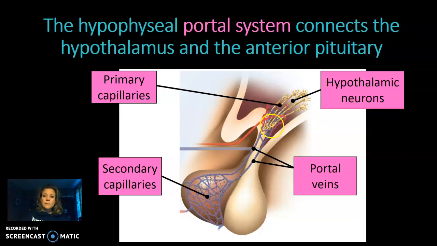These capillaries narrow to form portal veins, and they expand to form a second capillary bed called secondary capillaries. Regular veins in the body always take blood directly back to the heart. These are called portal veins because they're not going back to the heart. They're connecting one capillary bed with a secondary capillary bed. So they have a little bit of a different function.